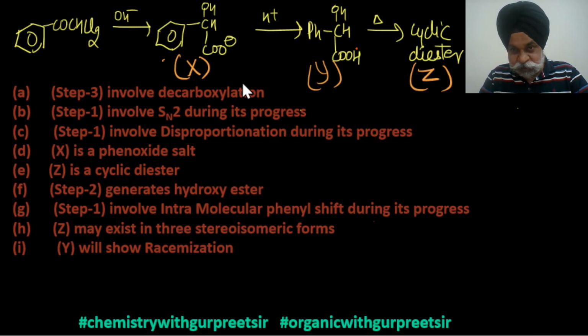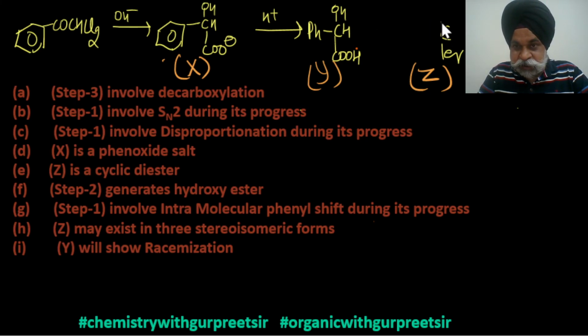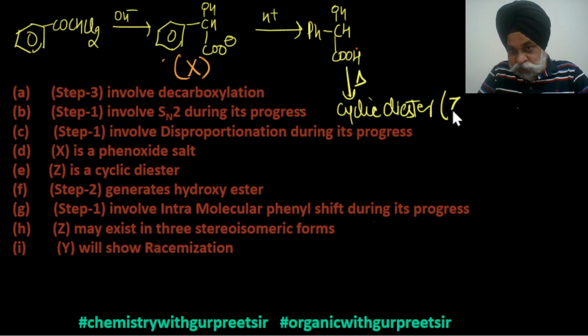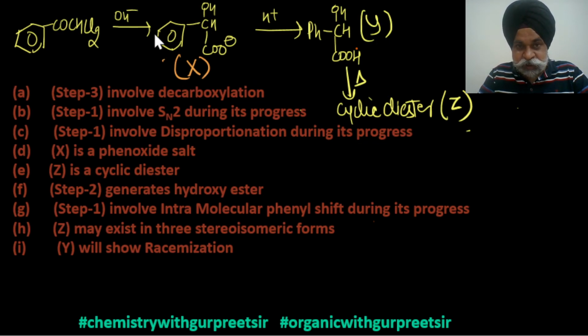What are the things they have asked? If I mark it once again, the last step was that when we heated it, we got a cyclic diester, isn't it? This cyclic diester is what you call your Z, and this is your X, and this is your Y. Now they have also said this has to be step 1, this is step 2, and this is step 3.